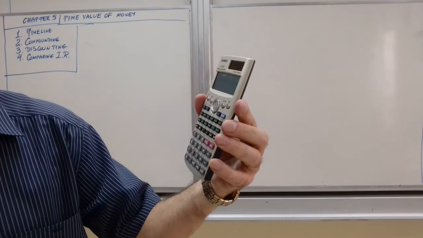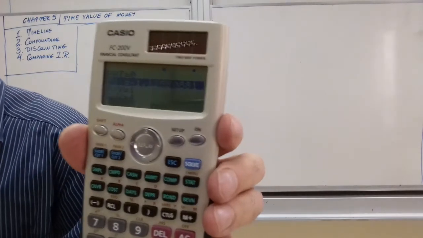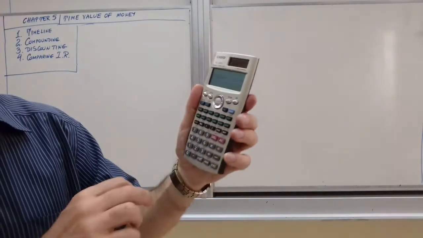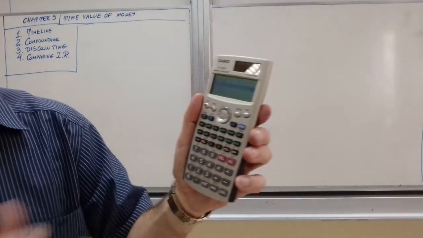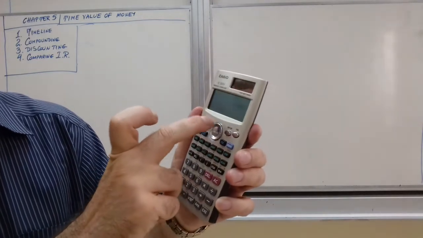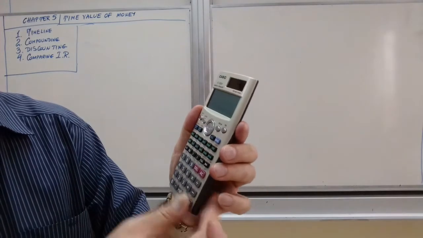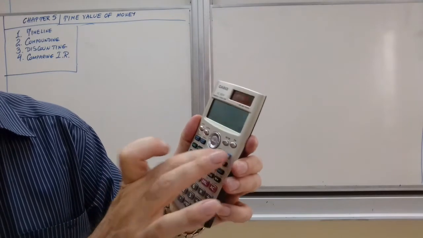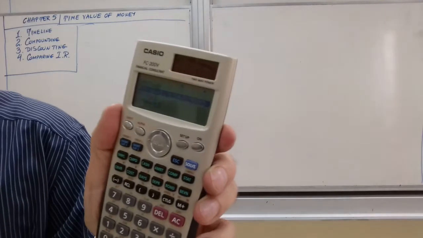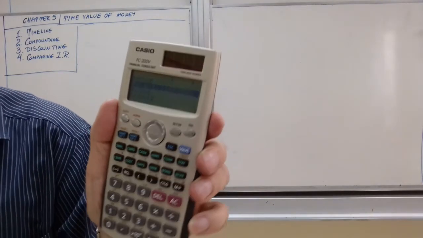For 4 times it becomes 1255. Is this what we got last time? And if you calculate, let's say, 12 times, I go back, enter 12 times, recalculate, solve. It says 1268. Okay? And it's that simple.